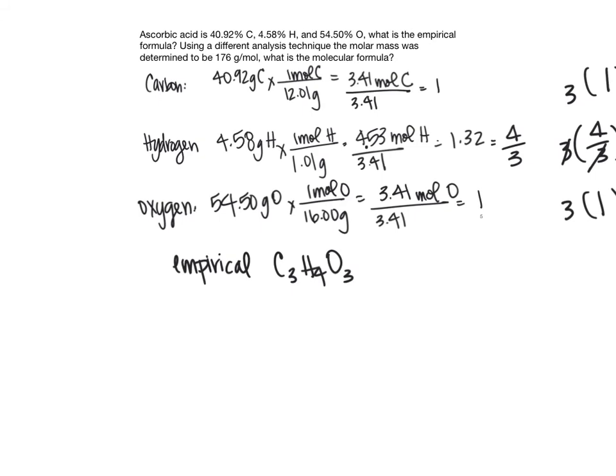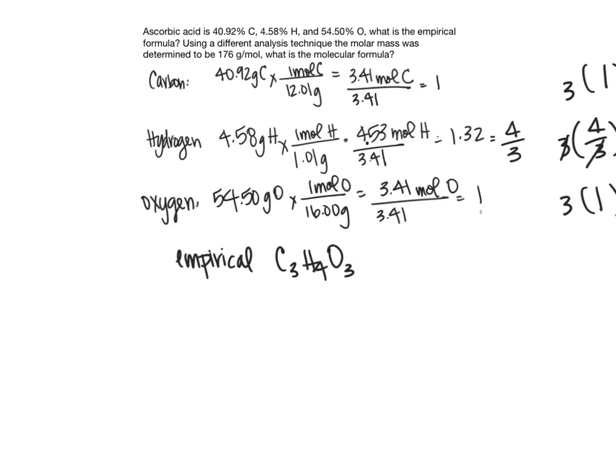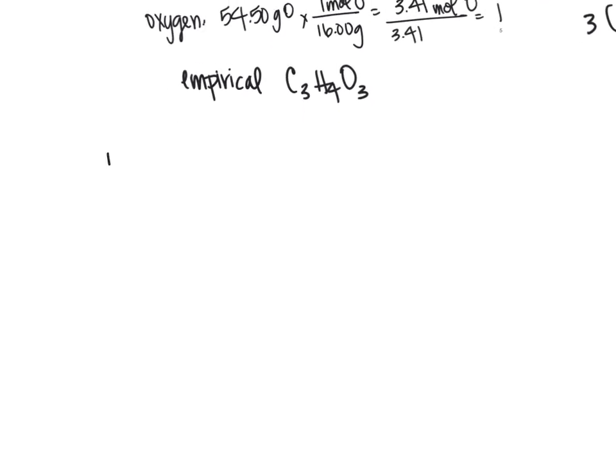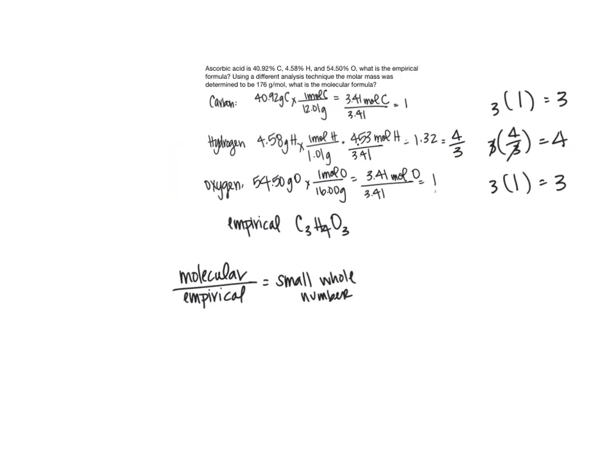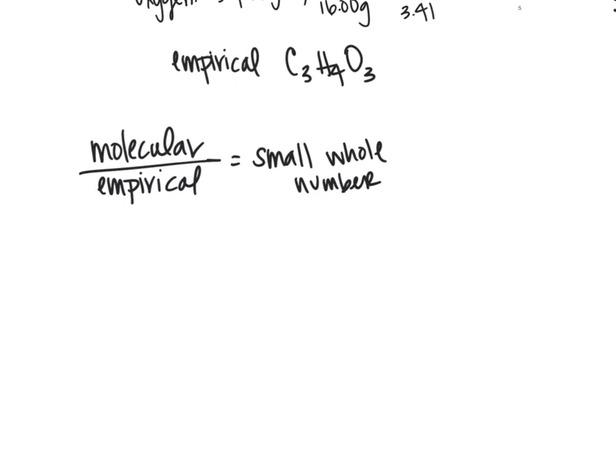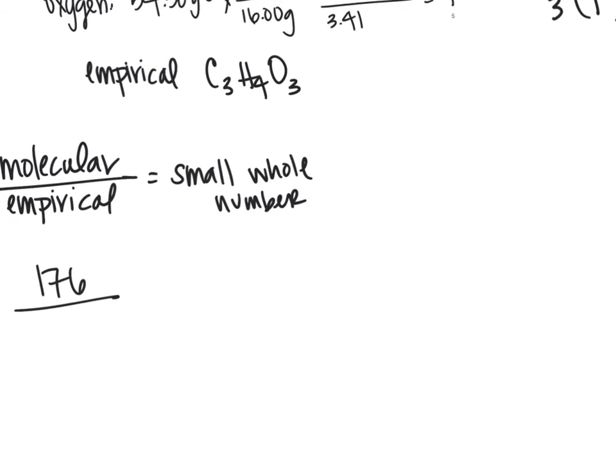So the next part of this question says the molar mass is 176 grams per mole. What is the molecular formula? So it turns out, if you remember, that the molecular divided by the empirical is going to equal a small whole number. So if we have the molecular weight, which if we look back at the problem is 176, we need to divide by the empirical weight, well, we can calculate that.